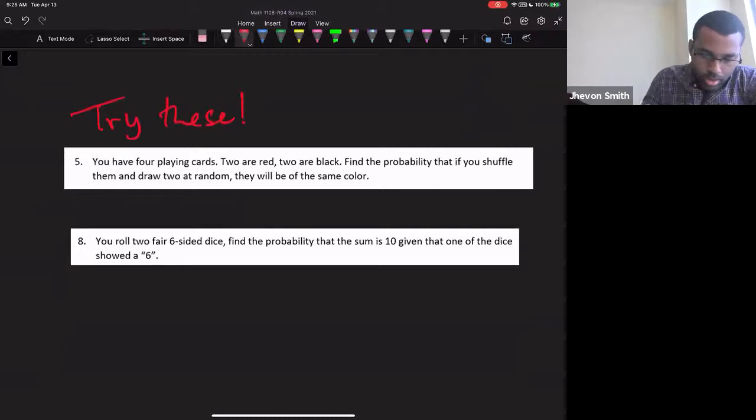Think about it. This one is going to be very interesting because it's going to allow me to segue into a new topic, which is what I wanted to do at the end of today's class.